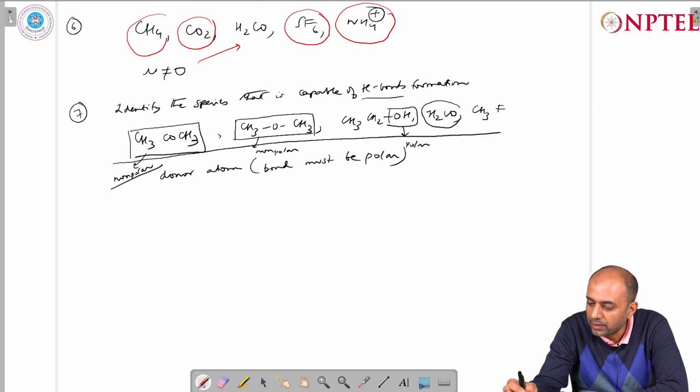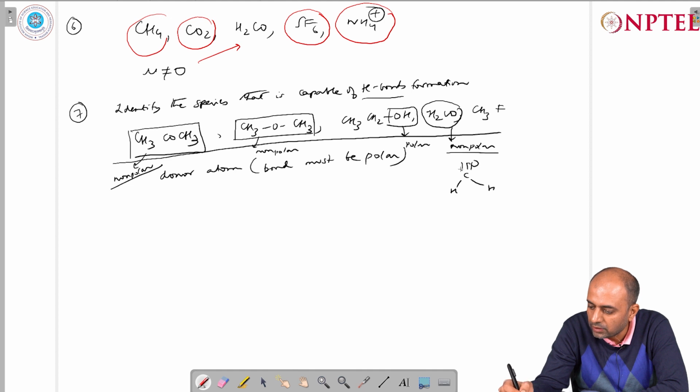This is formaldehyde, which again does not have a polar OH bond. It's a non-polar CH group. There can be some, because of the electronegativity difference, there can be some delta plus character on this carbon, but then overall the electronegativity difference is not substantial. So it is still by and large weakly polar, but not as polar as ethanol.